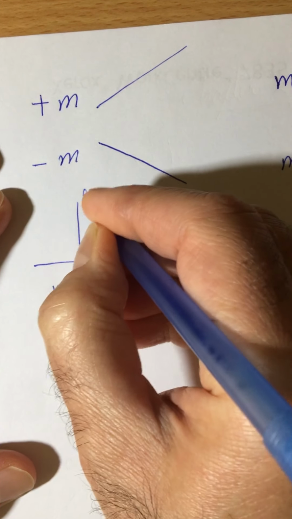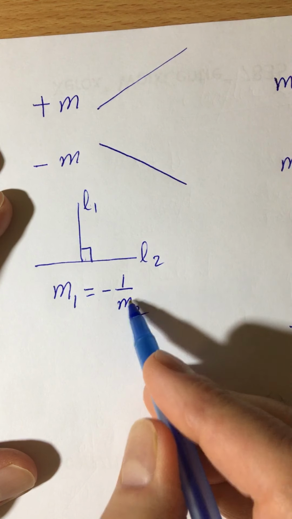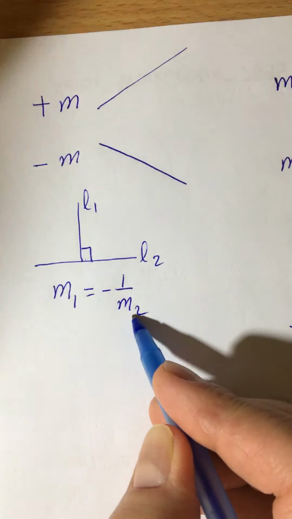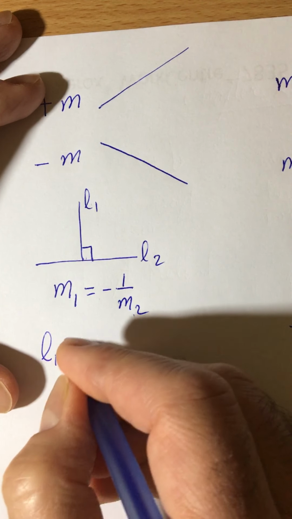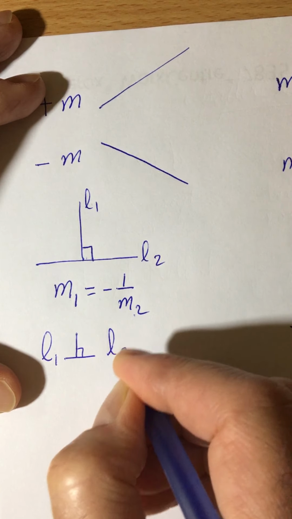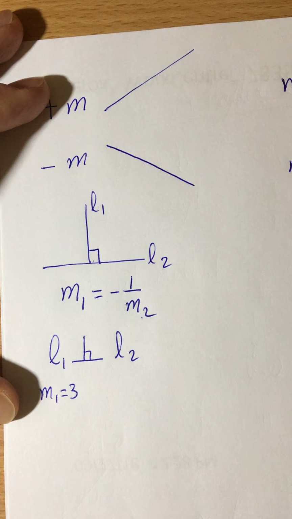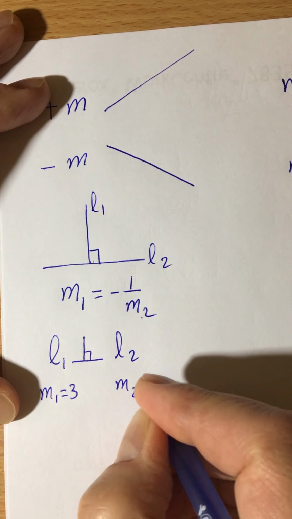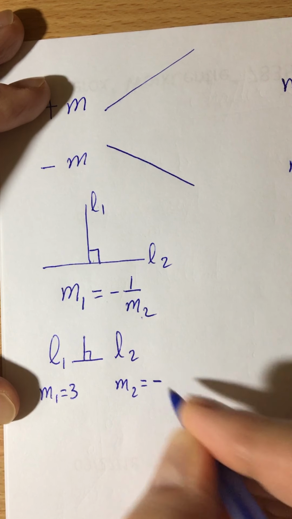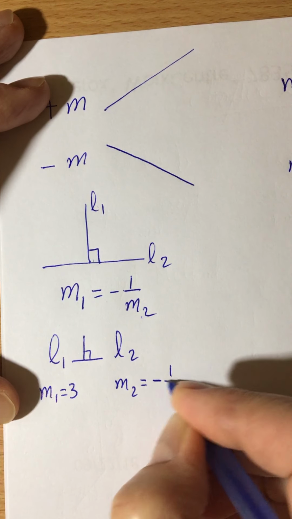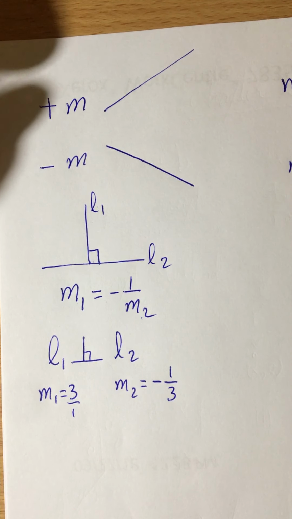So let's say this is line 1, this is line 2. So the slope of line 1 would be the negative reciprocal of the slope of line 2. What does that mean? For example, if line 1 is perpendicular to line 2 and the slope of line 1 is 3, then the slope of line 2 will be negative. That means you switch the sign. If this is positive, it will become negative, and you flip it over: 1/3, because this is 3 over 1. So that's the slope of line 2.